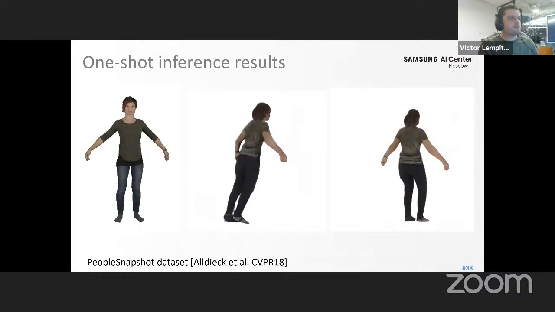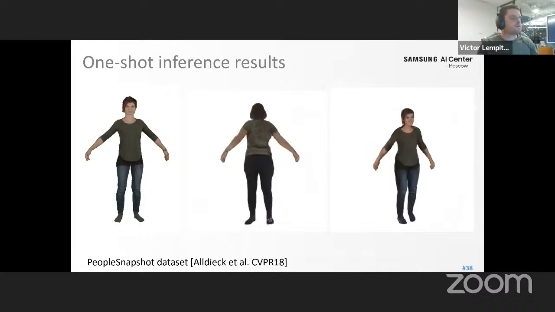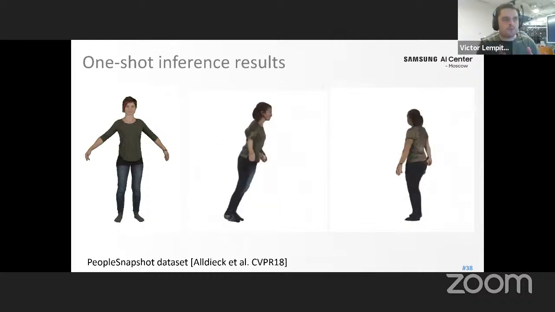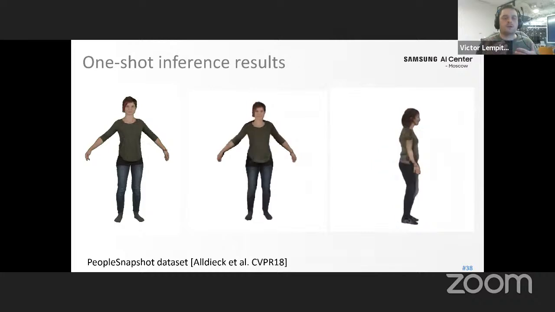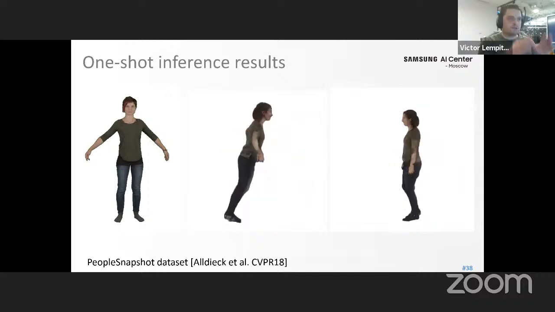Particularly, I think the simplified SMPL fitting procedure doesn't fit the body shape right, and to fix that, recently we added a modification where we also backprop into the SMPL parameters using differentiable rendering from the renderer from NVIDIA, and then the results get better, but we don't show them here.